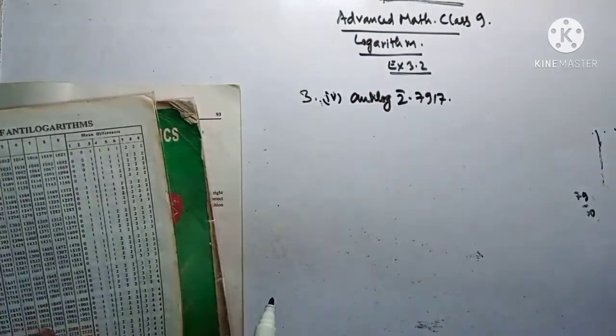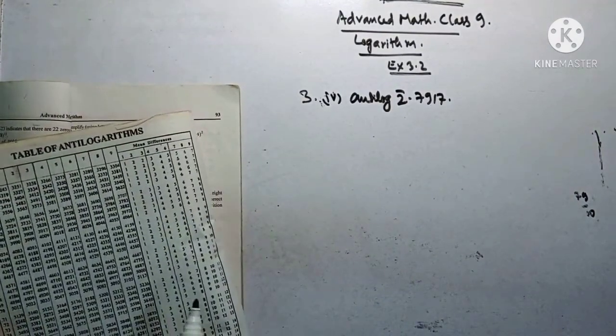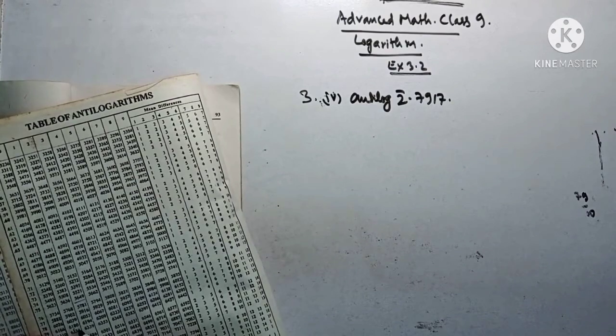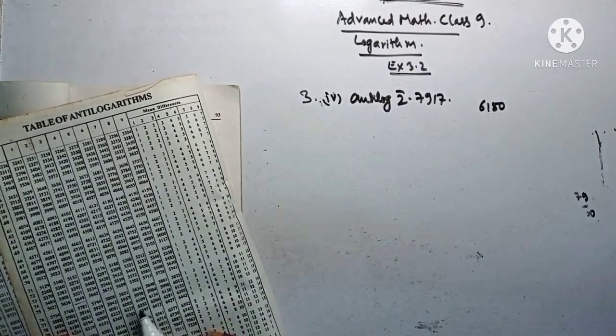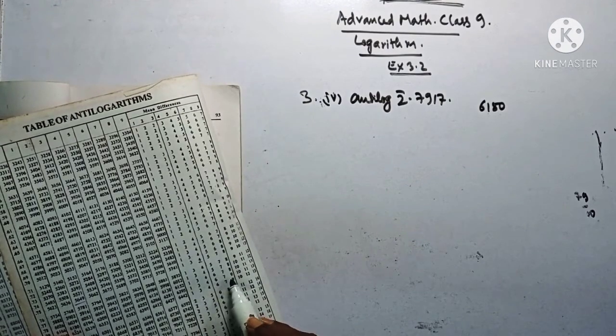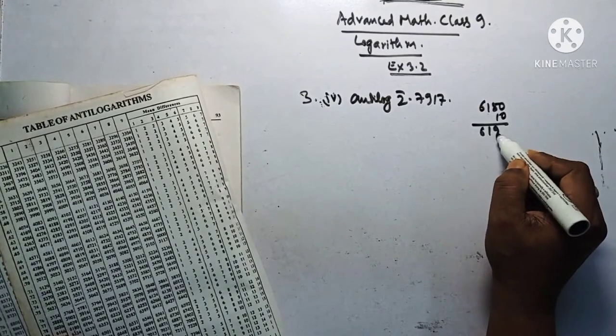0.791, so your 0.791, this is 6180, and then your 7 is 10, so this is 10, 6190.